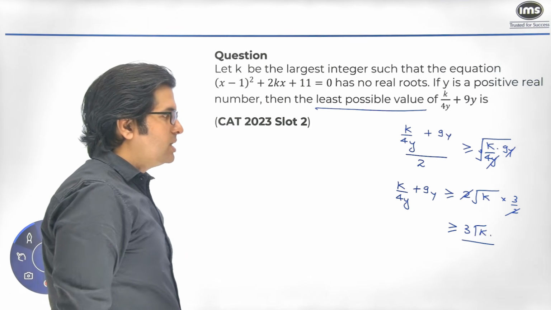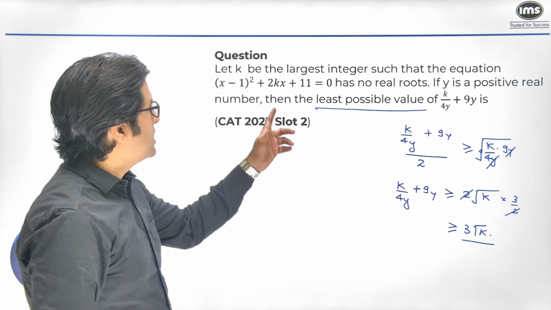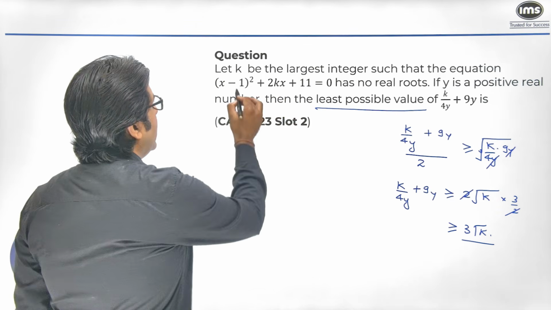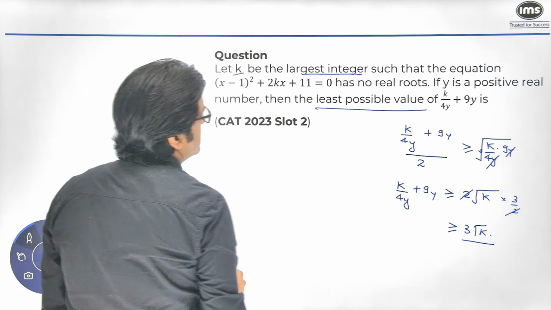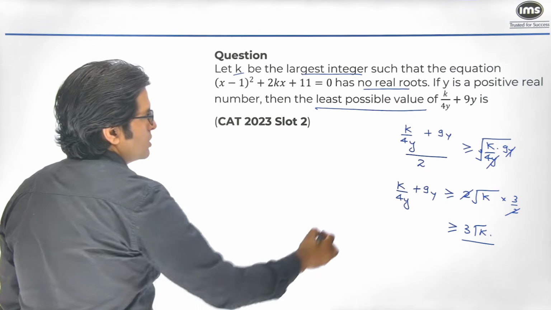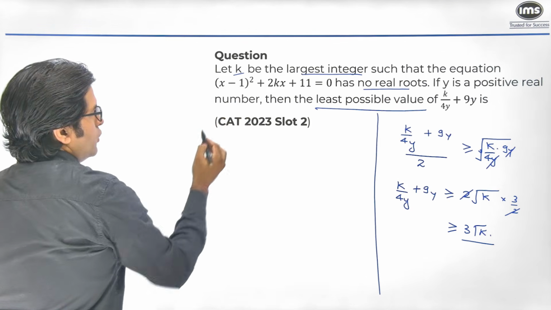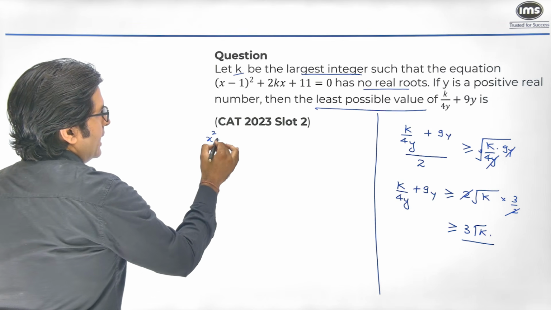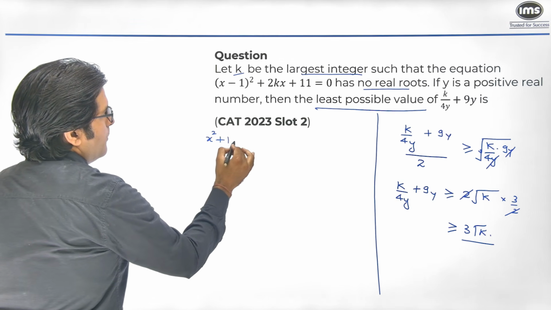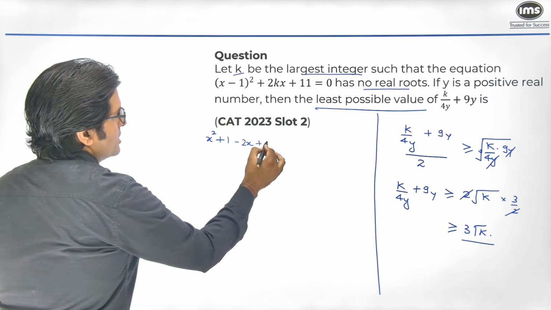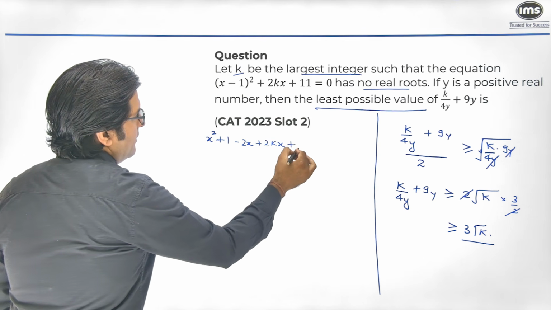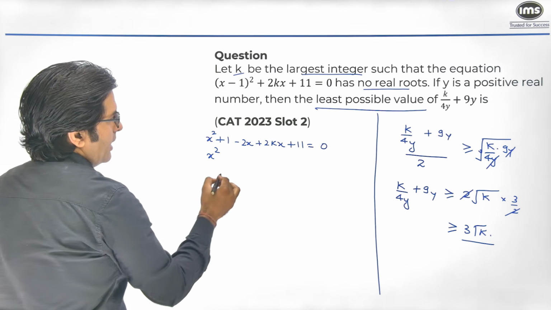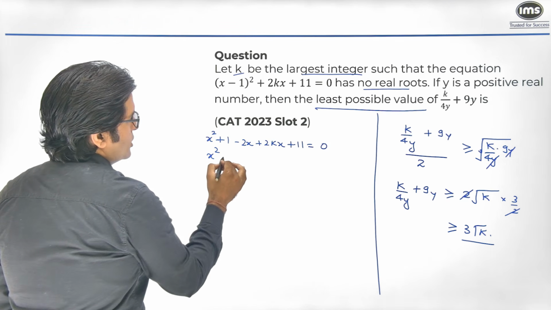That's it. Now I just need to worry about K, which is a subpart in this question, where we are asked K is the largest integer such that this expression has no real roots. So let's simplify for this. We have x minus 1 whole square. I'm expanding this directly: x square plus 1 minus 2x plus 2kx plus 11 is equal to 0. So let me simplify this further. I can take 2x common.